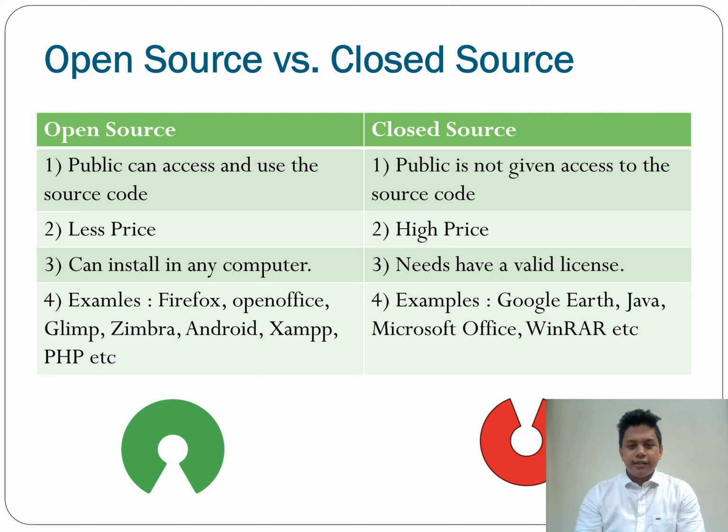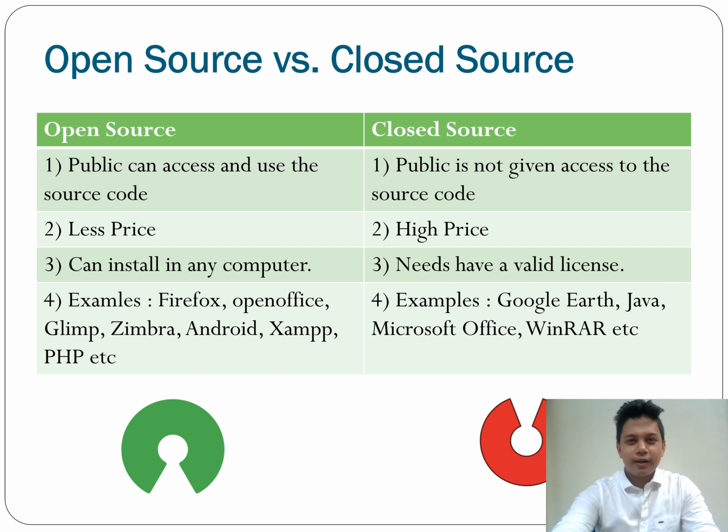Open source software can be installed on any computer, but closed source software needs a valid license to install. Some examples of open source are Firefox, OpenOffice, Gleam, Zimbra, Android, XAMPP, PHP, etc. And some examples of closed source are Google Earth, Java, Microsoft Office, WinRAR, etc.